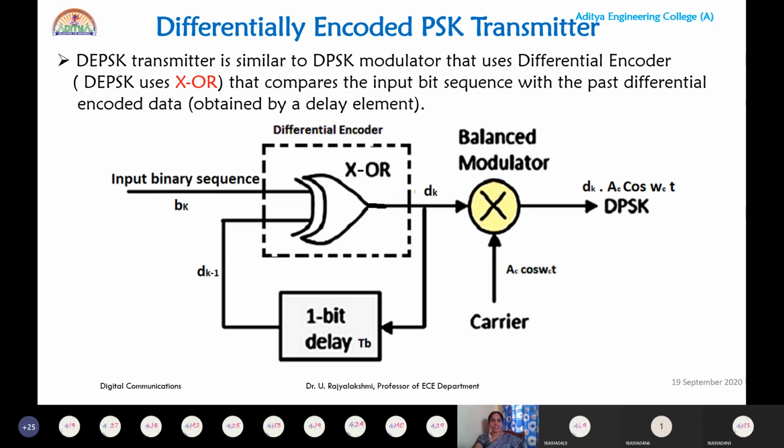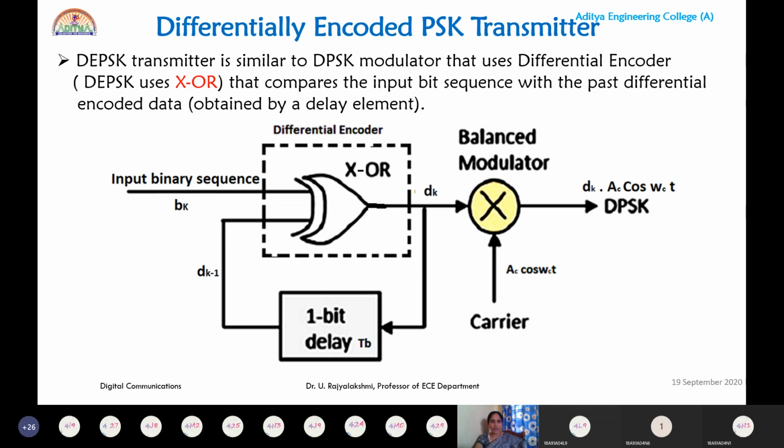The basic difference between the DPSK modulator and DEPSK modulator is that both consist of a differential encoder, but DPSK uses an XNOR gate, whereas the differentially encoded PSK transmitter uses an XOR gate. Later, upon comparing the present bit BK with DK minus 1, you can generate the differential encoded data.